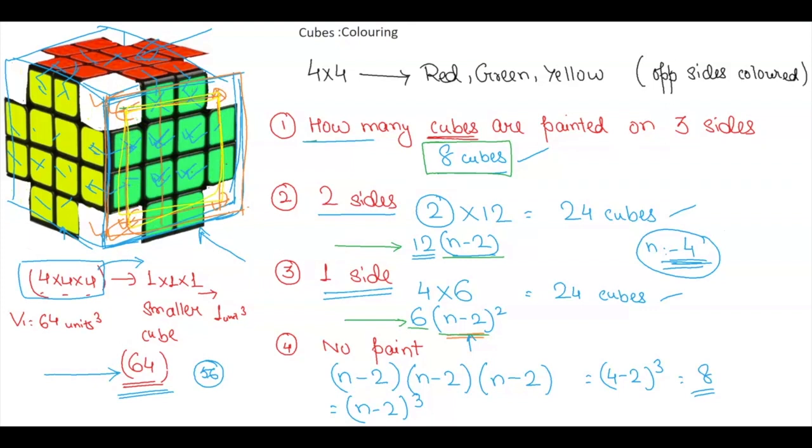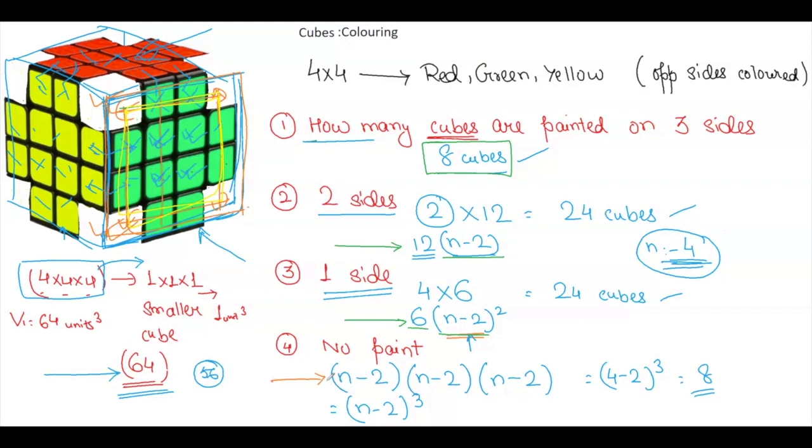And finally, we will be moving to the number of smaller cubes which have no side painted. We just have to make sure of one thing, that we eliminate all the cubes that are colored. That is, we need to eliminate one layer from each of the faces. We have 6 such faces.